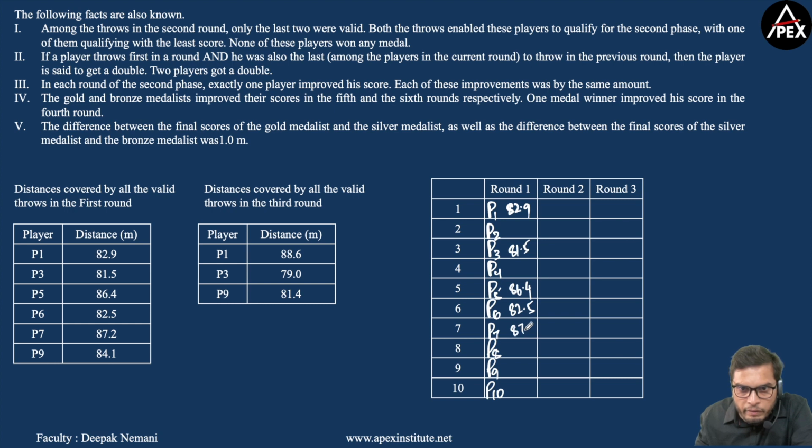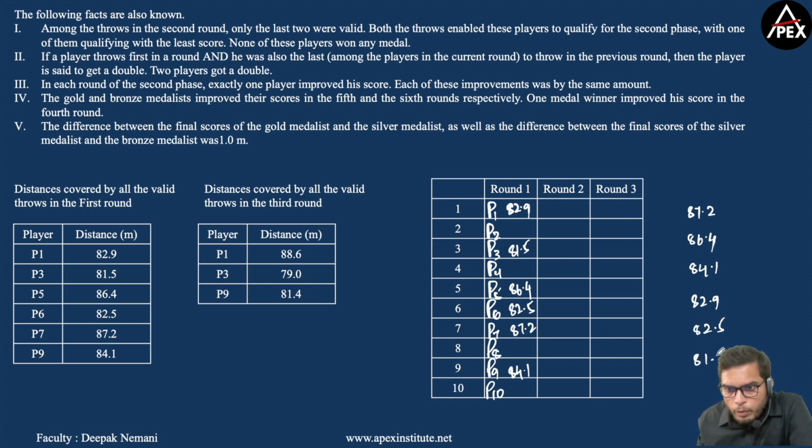P7 87.2, then P9 which is 84.1. Now let me arrange these scores in decreasing order. First would be 87.2, then 86.4, then 84.1, then 82.9, then 82.5 and 81.5.